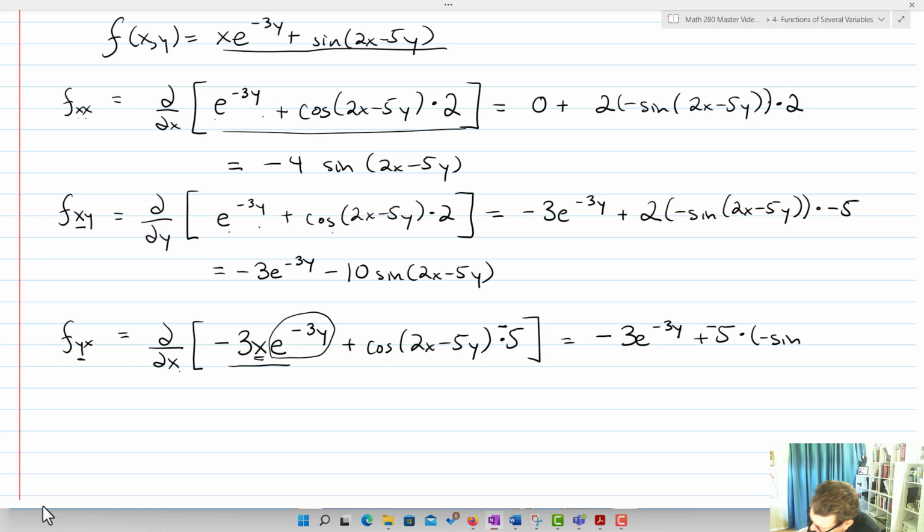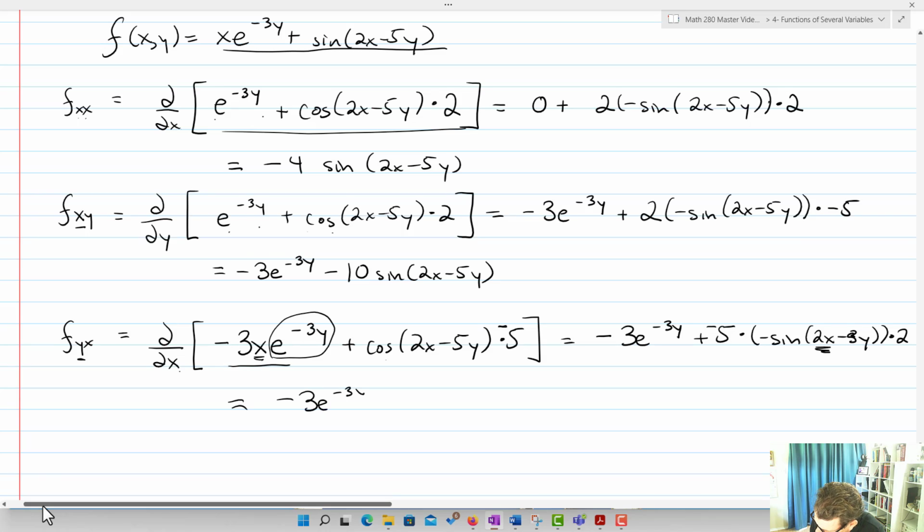So plus negative 5 times negative sine, and this is 2x minus 5y, times now 2, because we're taking the derivative with respect to x. So this ends up equaling negative 3e to the negative 3y, plus 10 sine 2x minus 5y.